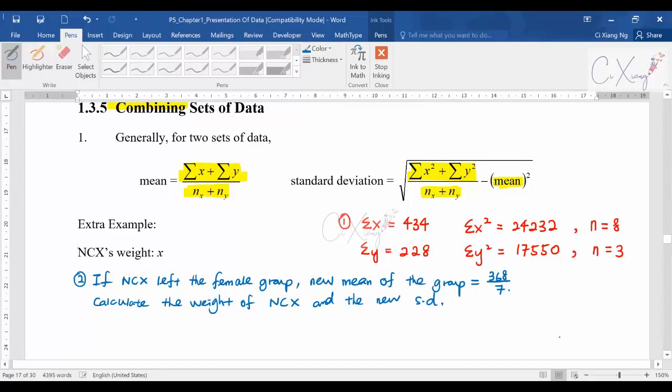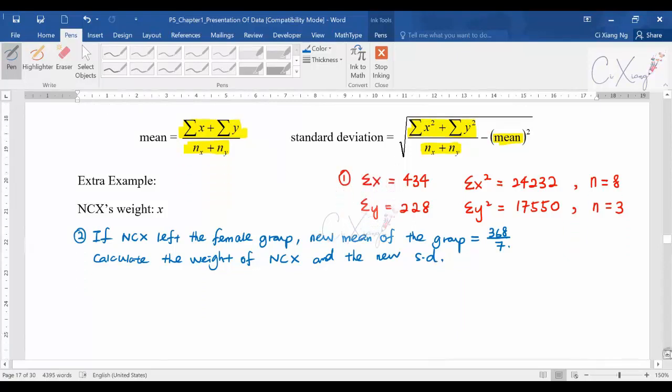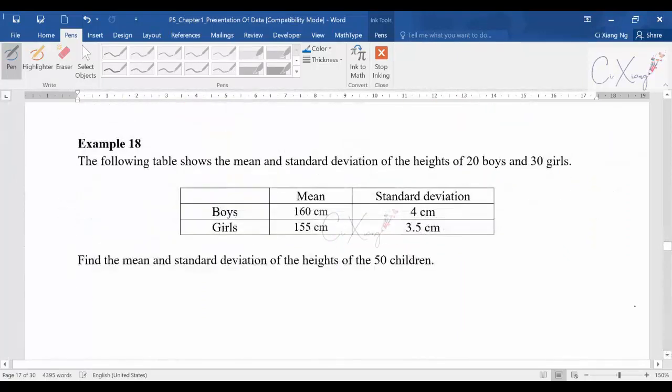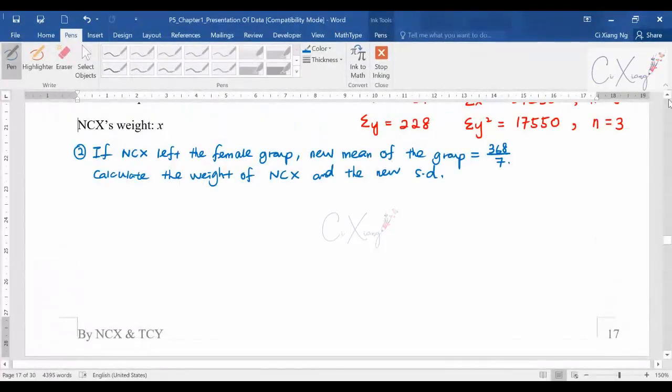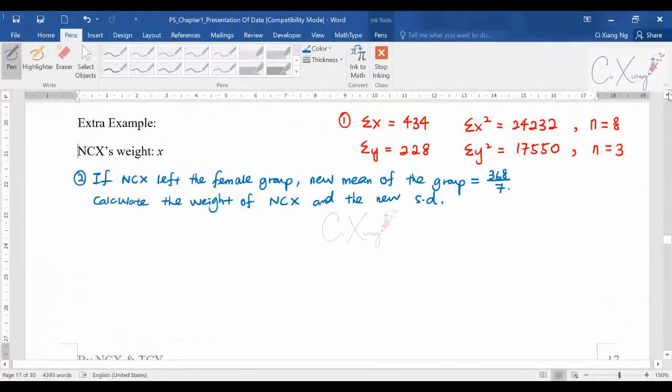So at first I'm part of the data in the group of 8 female. And now I want to leave the female group. And I realize that the new mean of the group is 368 over 7. So now I want you to calculate the x, which means my weight, and also the new standard deviation.